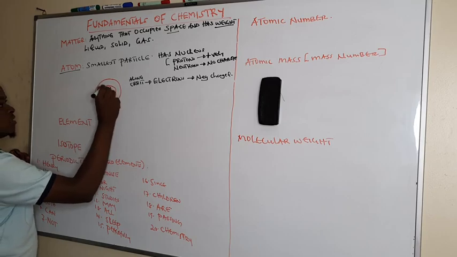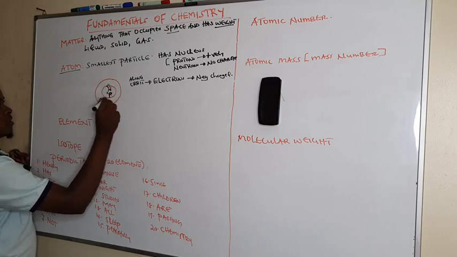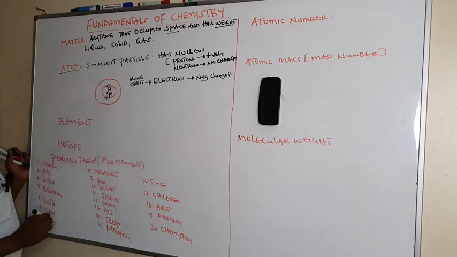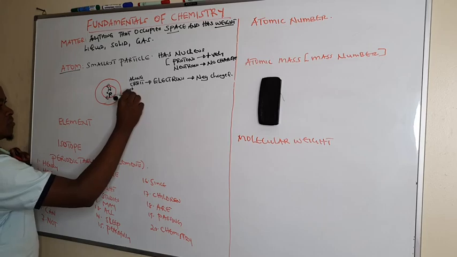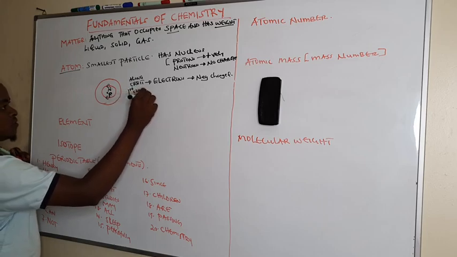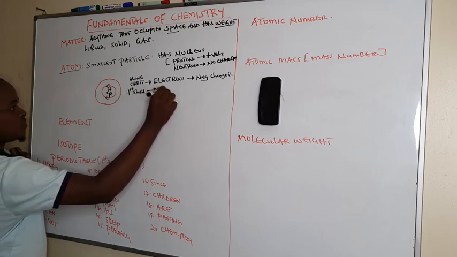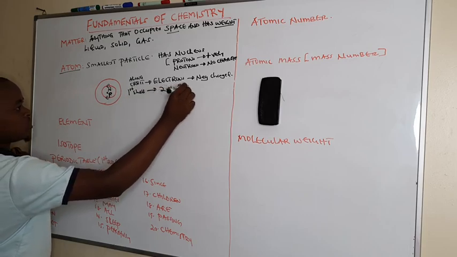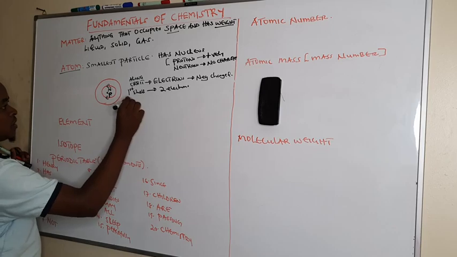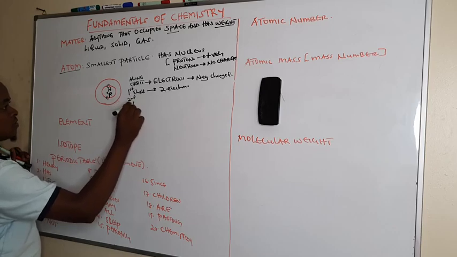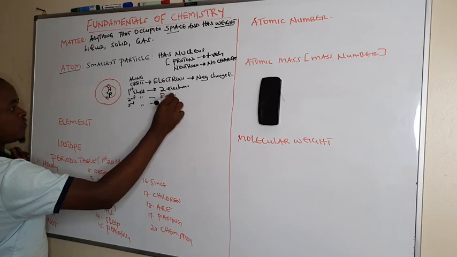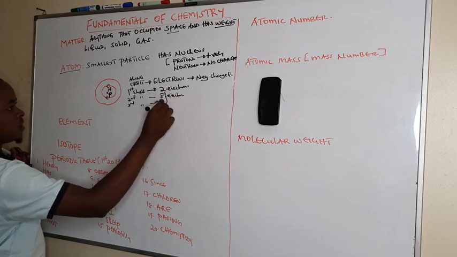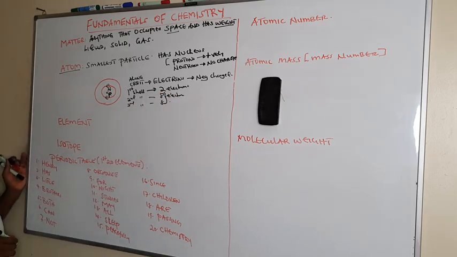So you find here we have electrons, and the first energy level, the first shell, accommodates only 2 electrons. Then the second, the third, and so on shells, they accommodate 8 electrons to be fully filled. That is what we are calling an atom.